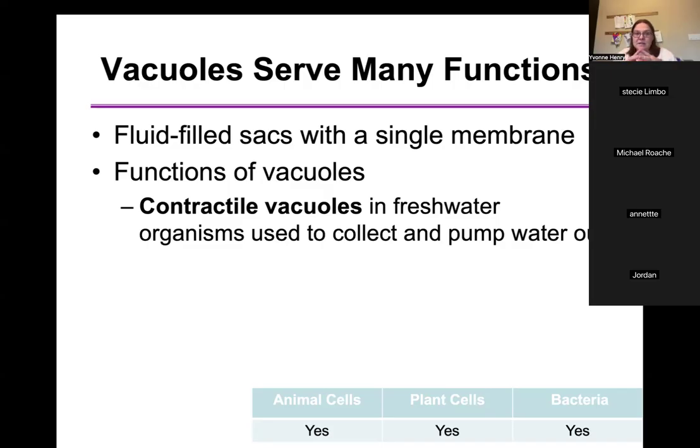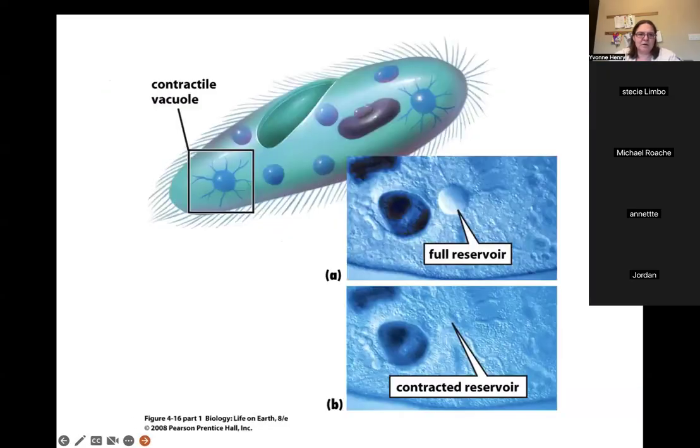So there's different kinds of vacuoles. We can have contractile vacuoles, which means they squish, they squeeze, they contract themselves. So a lot of little algae will use these. They'll fill them up with water by osmosis, and then they'll contract. And as they squish the water out, it'll propel them forward in the water. So one type of vacuole you can have is a contractile vacuole.